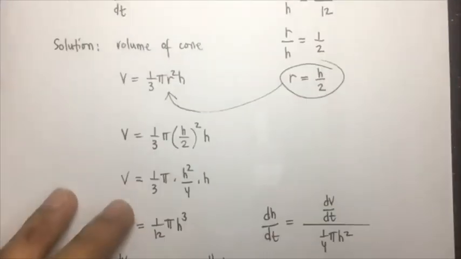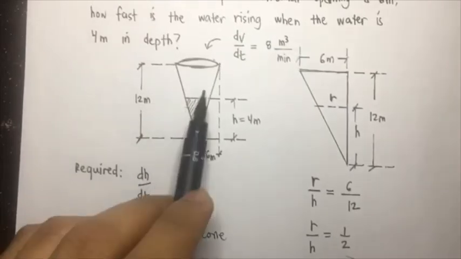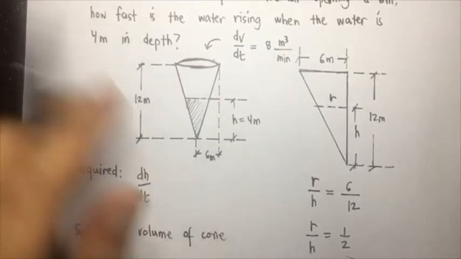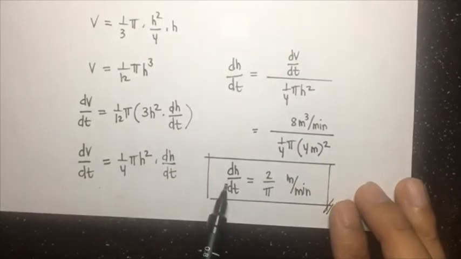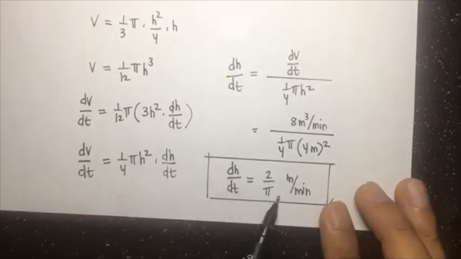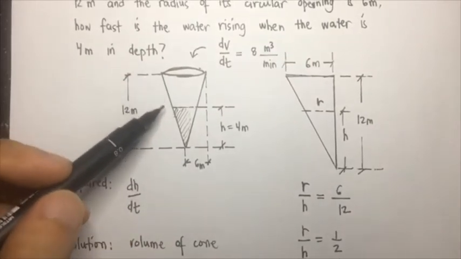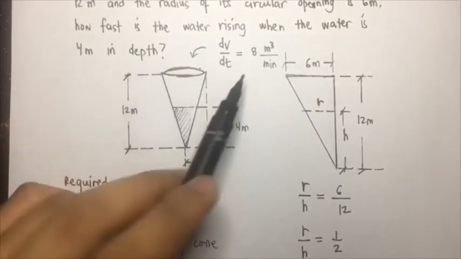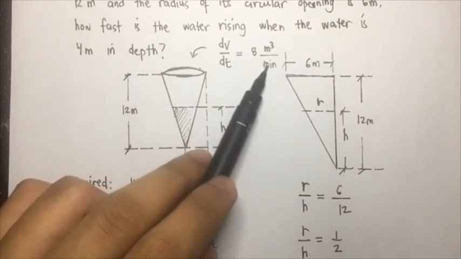Okay, so again, if we substitute another height, say 5 meters, you will see that the rate of change of the height will also change. Because, as you can see, imagine you are filling up a cone at a constant volumetric flow rate.